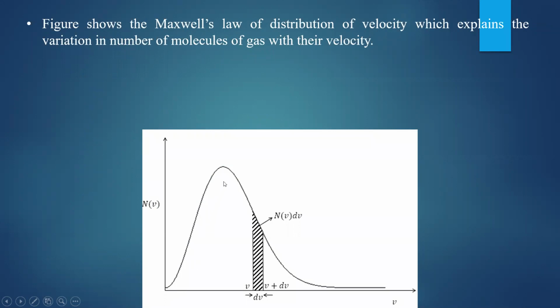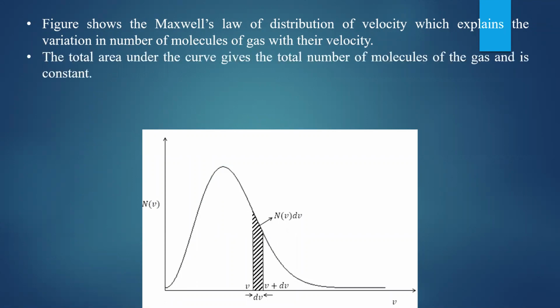You can find a bell-shaped graph. The total area under the curve gives the total number of molecules of the gas, and it is going to be constant. It is equal to the capital N. We know that the total number of particles in a system is conserved. Therefore, the total area under the curve gives you the total value N.